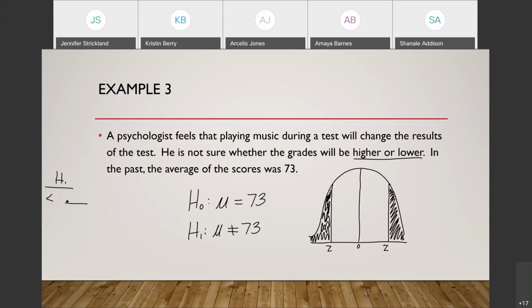Okay, so that one would look like that. All right, if it has that one, you're going to shade how? On the right side. All right? And if it has the not equal to, both sides. Okay, and that doesn't change. That's standard from one problem to the next. So look at that H1, see how that shading is supposed to be based on that symbol.